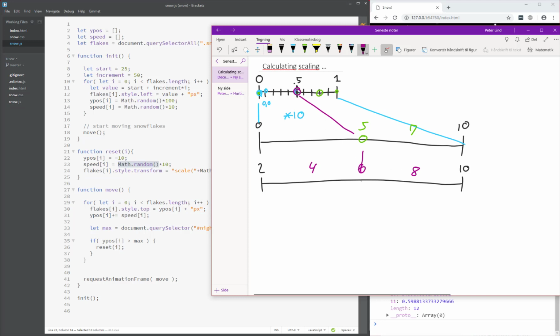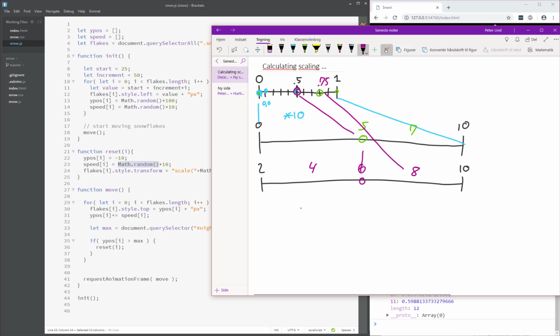So 0.5 would translate into 6. 0.75 would be translated into 8, and so on. How would you do that? Because if I multiply 0.5 by 10, that's not 6. And also, 0 multiplied by 10 is 0, but it should be 2.